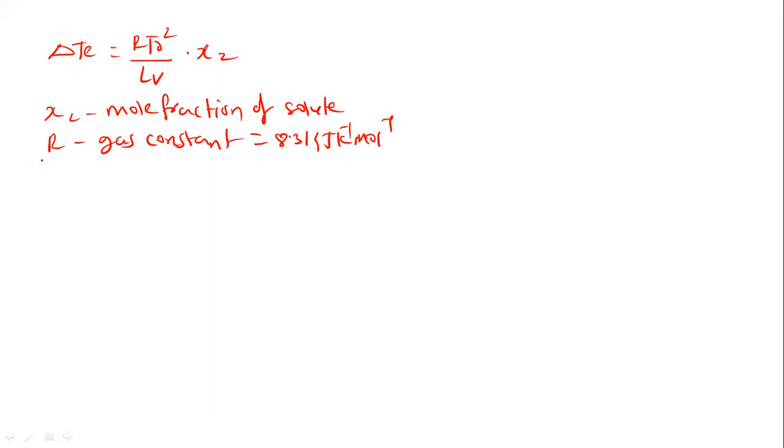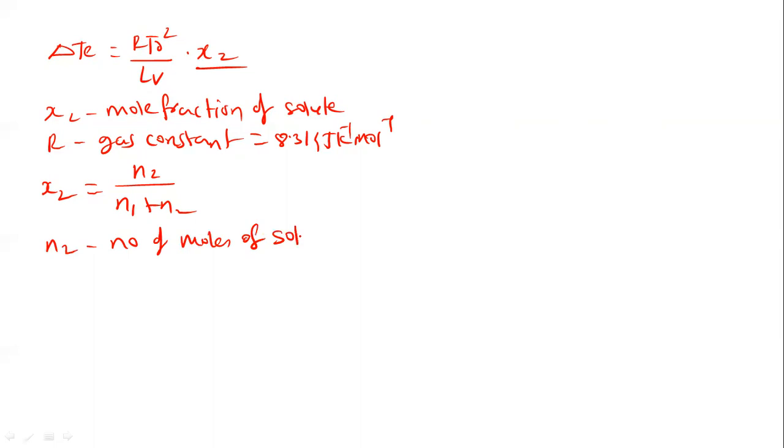Okay. Now in this equation we can substitute x2. X2 is the mole fraction of the solute. So x2 is equal to N2 divided by N1 plus N2, where N2 is the number of moles of solute, and N1 is the number of moles of solvent.